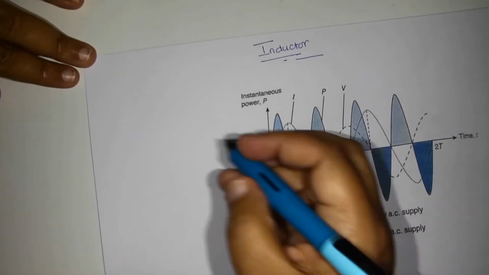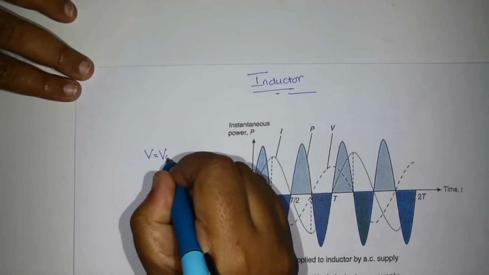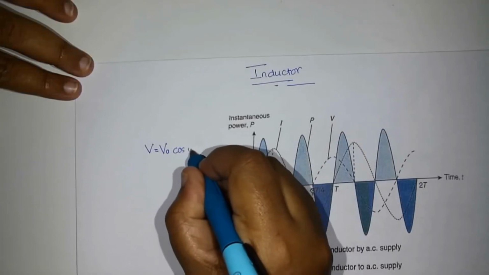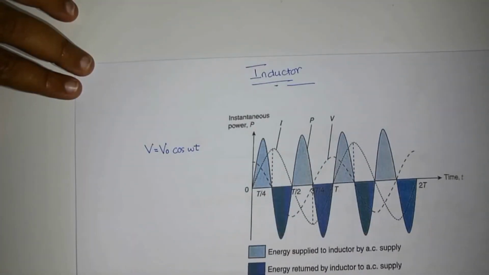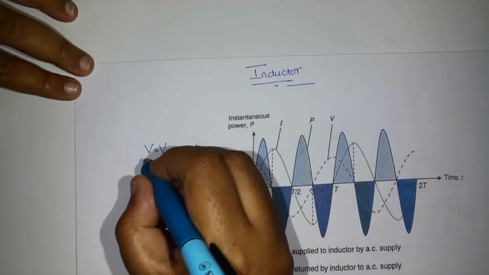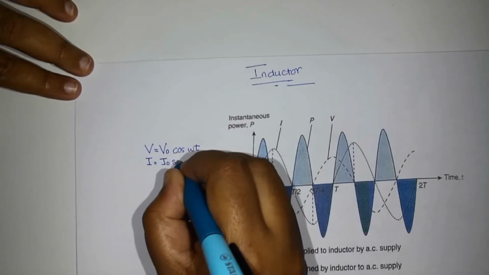Now we know that V equals V naught cos omega t. We choose V equals V naught cos omega t, and if you use the derivation from the previous lesson, you will get I equals I naught sine omega t.